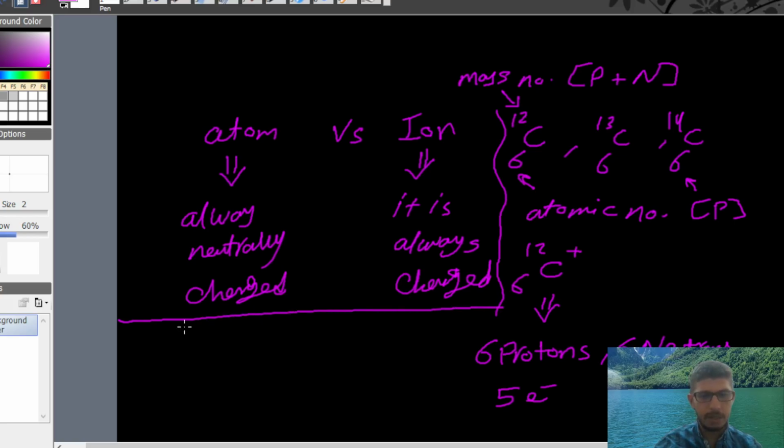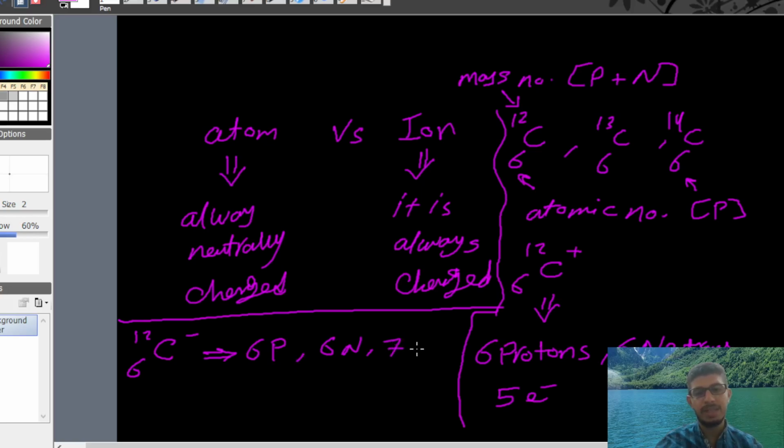So let's draw a line here and have another draft here. Let's say, for example, we have carbon negative, and of course it's carbon 6 and 12, no problem. So how many protons and how many electrons here? Here we have 6 protons, of course, 6 neutrons, but how many electrons?